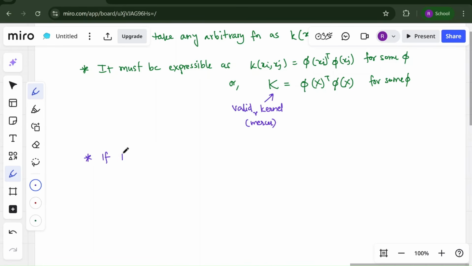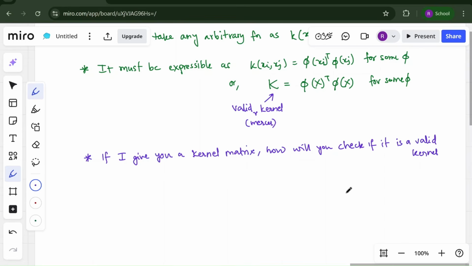If I give you a kernel matrix, how will you check if it is a valid kernel? You just have to check two things. First of all, you have to check if it is symmetric.